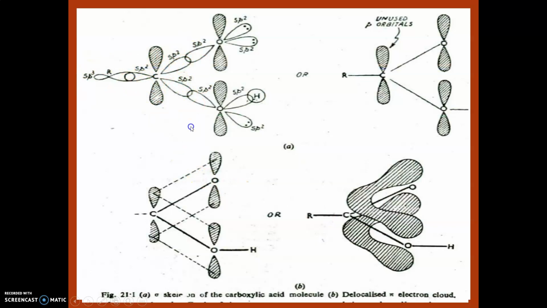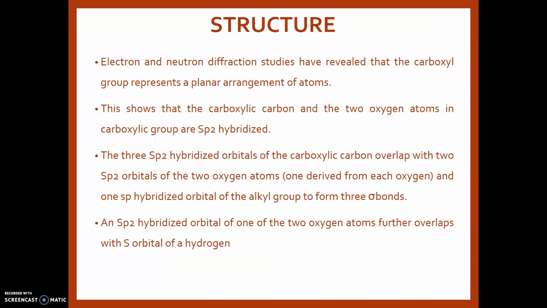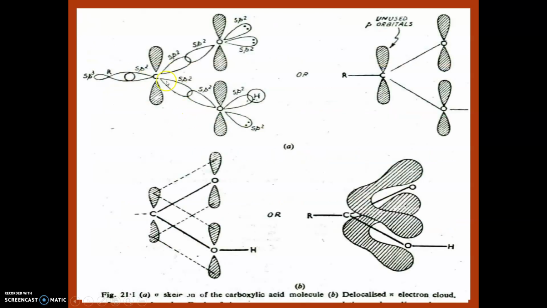In the carboxylic acid compound, the three sp2 hybridized orbitals of the carboxylic carbon overlap with sp2 orbitals of the two oxygen atoms. So the carboxylic acid carbon, having sp2 hybridized orbitals, overlaps with the two oxygen atoms having sp2 hybridized orbitals.